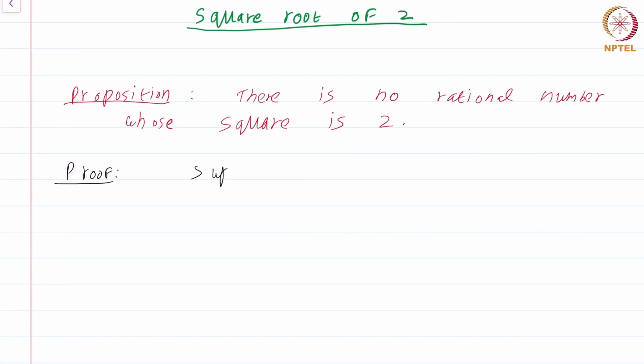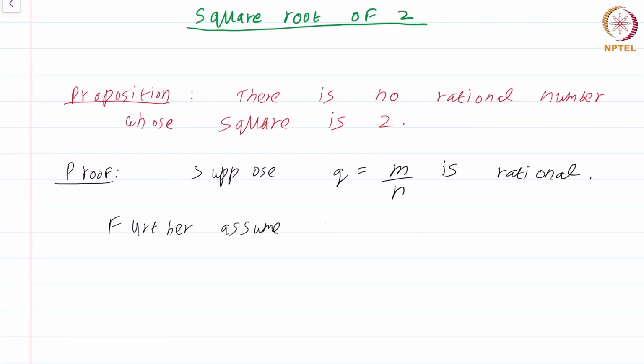Suppose q equal to m by n is rational. Okay? Further assume that m and n have no common factors.